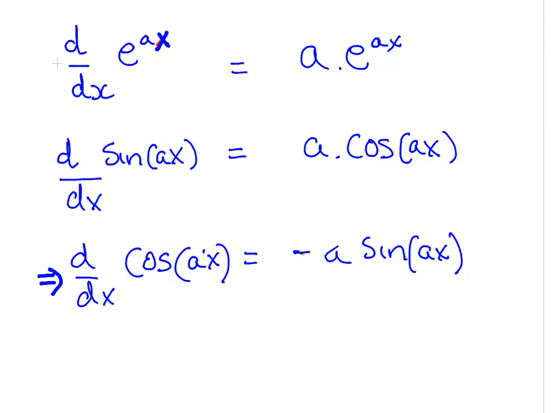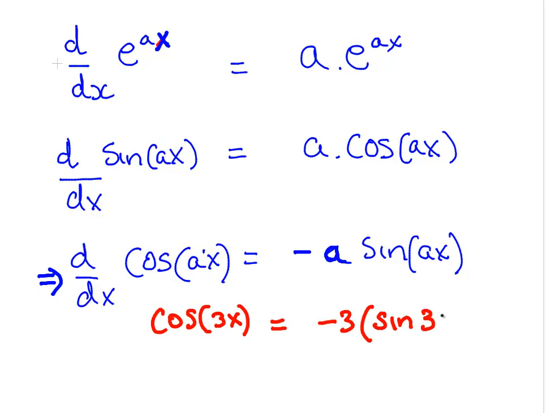This comes from the chain rule again, but as far as I'm concerned, you can take these identities as things that everyone knows. So the derivative of cos of 3x gives you minus 3 times sine of 3x.